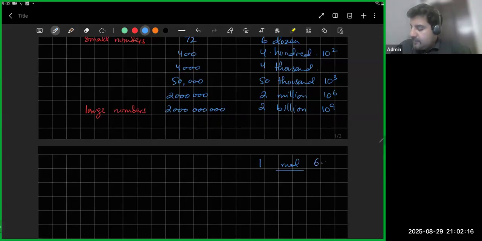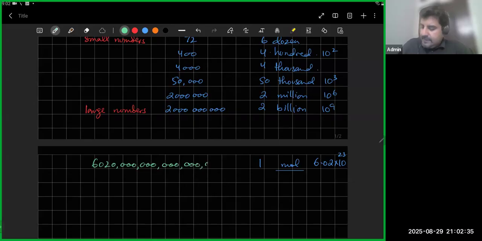And what a mole is, it's 6.02 times 10 power 23. So what a mole is, it's basically 6.02 followed by 1, 2, 3, 4, 5, 6, 7, 8, 9, 10, 11, 12, 13, 14, 15, 16, 17, 18, 19, 20, 21, 22, 23 digits.